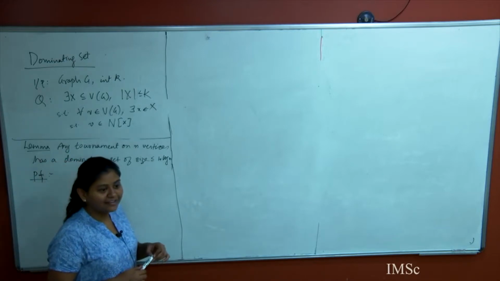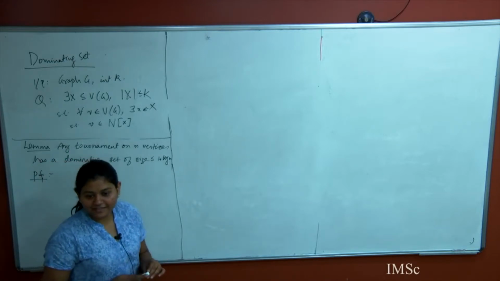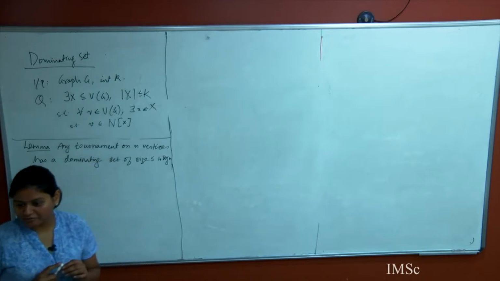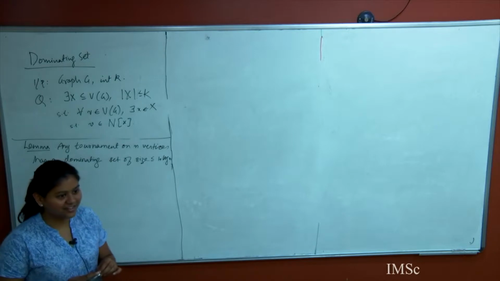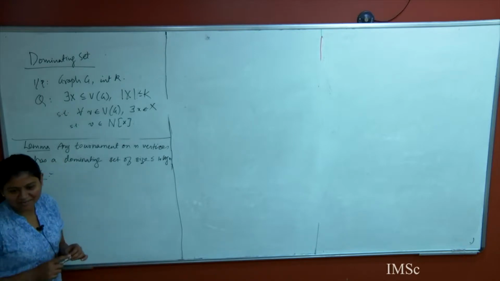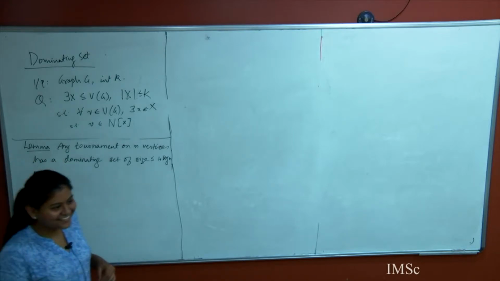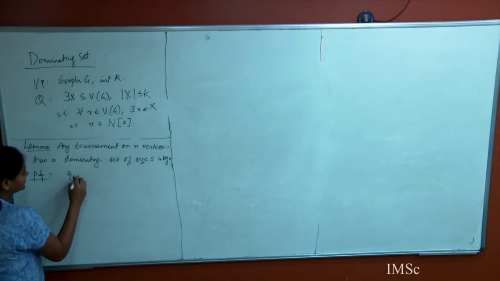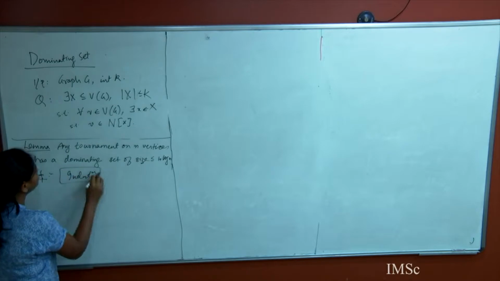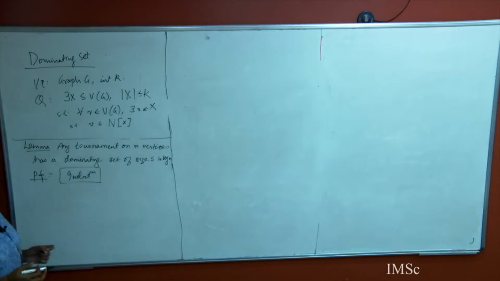Can you apply the most basic kind of techniques that you use to prove anything, from 12th standard or 11th or even before? Okay, so let us do induction on the number of vertices.